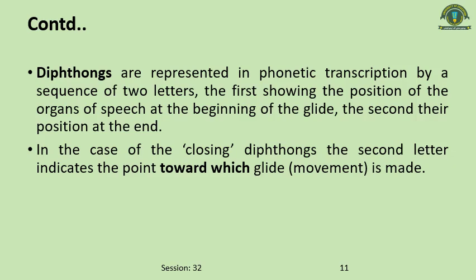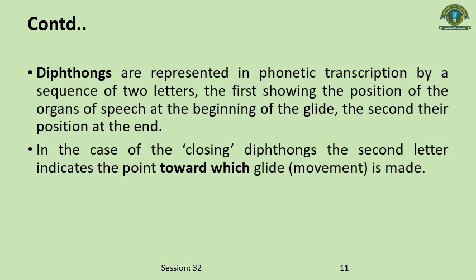There is a vowel glide when we produce a diphthong, but remember that is the movement in fact. What is the glide? That is the movement, shift from one place to another. Of what? Of the organs of speech. Where? In the mouth.